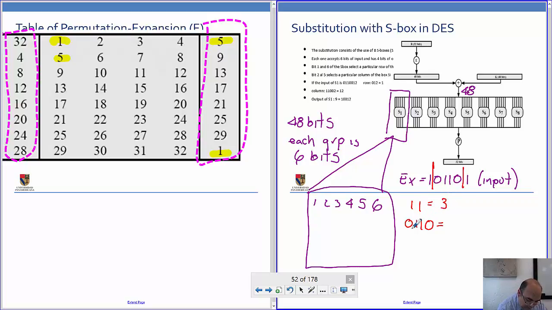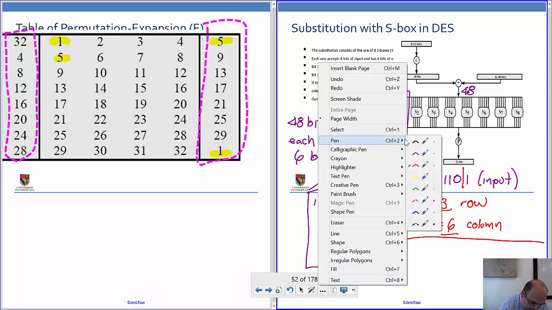It's 3. And 0, 1, 1, 0? It's 6. Everybody's following? Okay, so we have 3 and 6. This 3 will represent the row, and this one will represent the column.